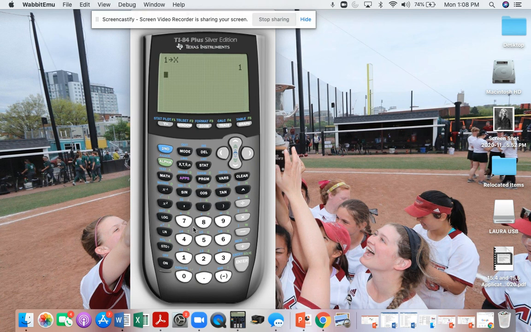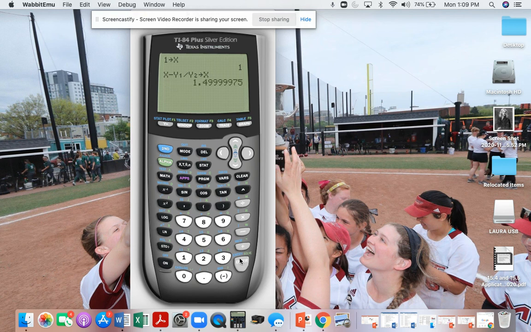Then I'm going to type my first guess, which was x, minus the ratio of the first guess plugged into the original function divided by the first guess plugged into the derivative. And I'm going to store that answer in x.